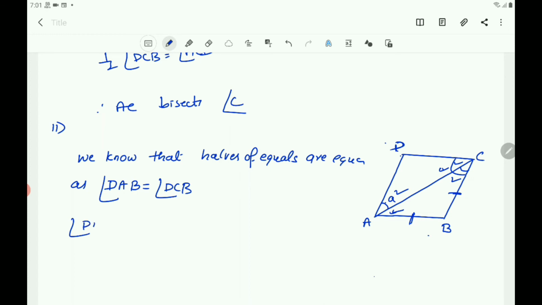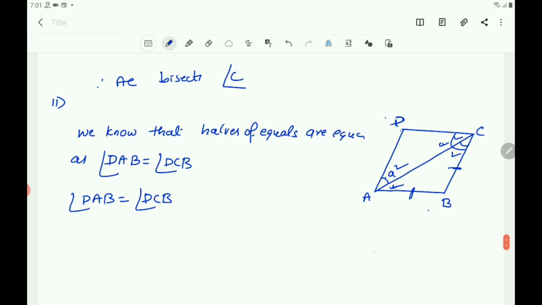Half of angle DAB equals half of angle DCB. Angle DAB and angle DCB are bisected by AC. Therefore, you can write half of angle DAB equals half of angle DCB.